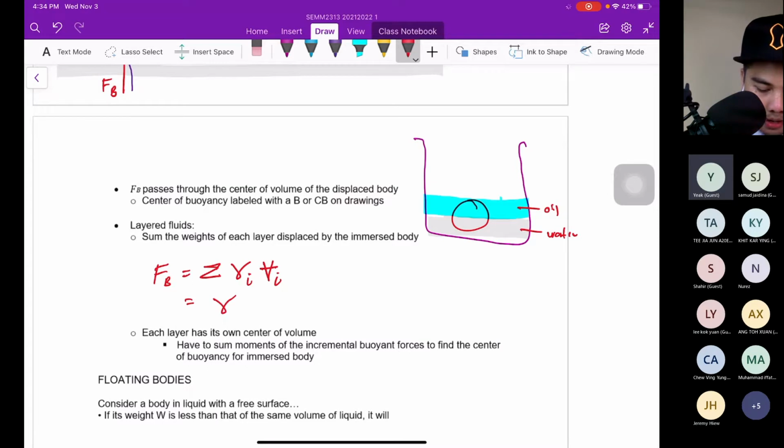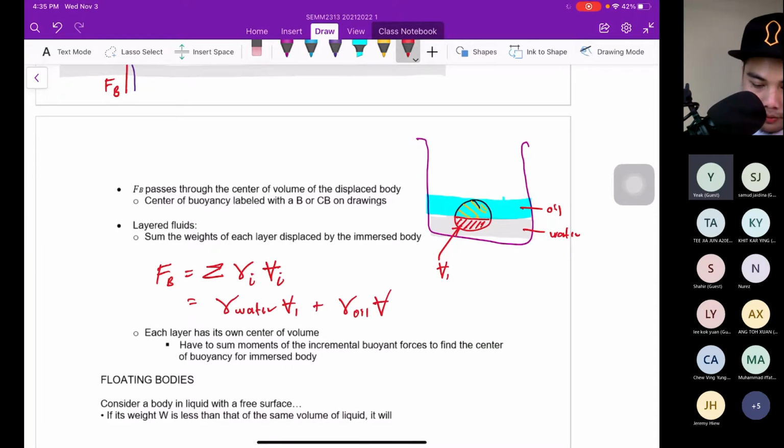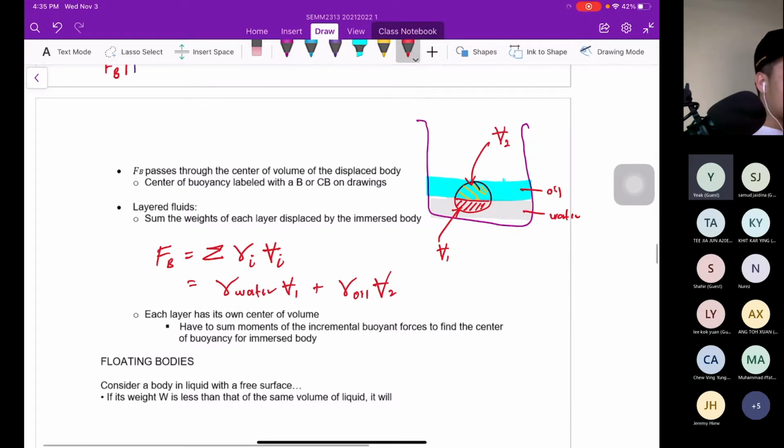So you must use gamma of water multiplied by the volume of this, which we consider as V1, plus gamma of oil multiplied by the displaced volume of this one, which is displaced volume 2. This is how to calculate it.